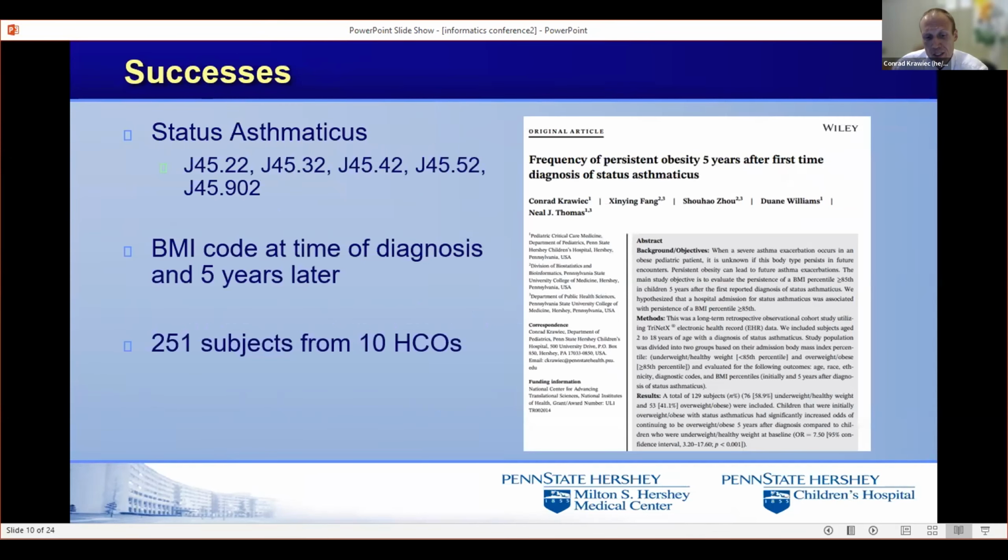One of the first studies that we did, we evaluated status asthmaticus in pediatric patients. There are specific diagnostic codes associated with it, and our thought was that this diagnostic code would not be utilized to describe a non-acute case or non-emergency case of an asthma attack.